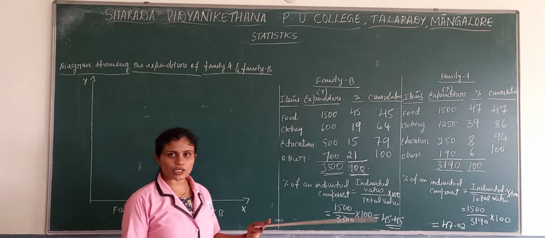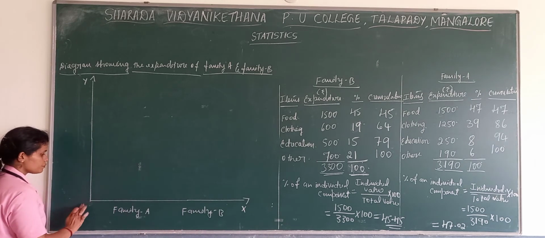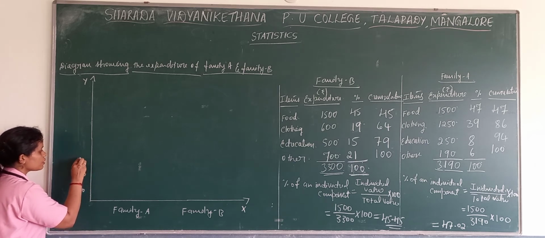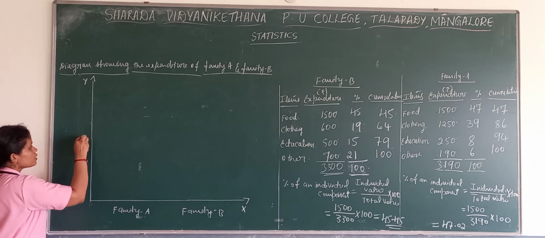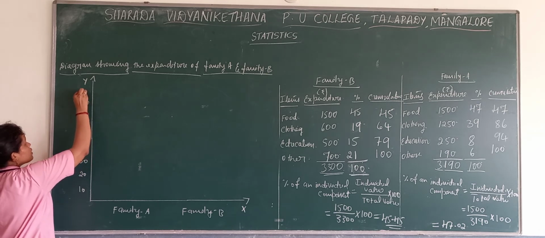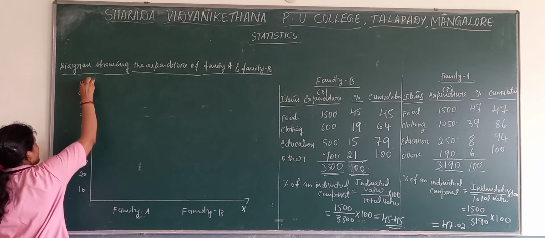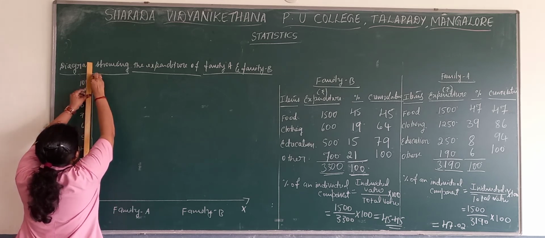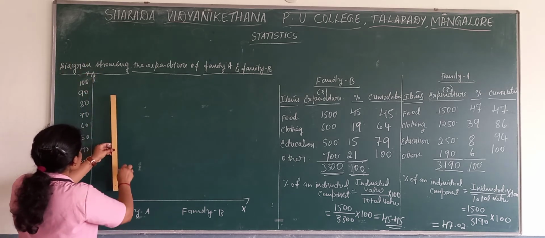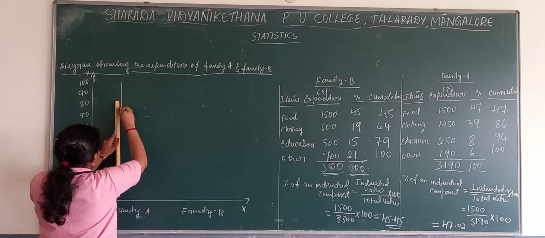The length of the bar should be always 100 since it is a percentage bar diagram. Now we'll take here values as 10, 20, 30, 40, 50, 60, 70, 80, 90, and here it is 100. Now we'll draw the bars to the length of 100.